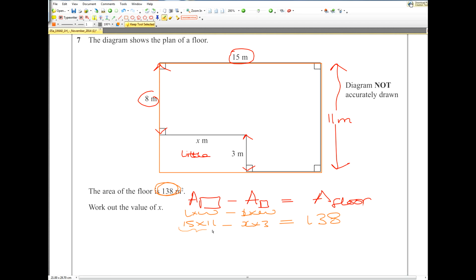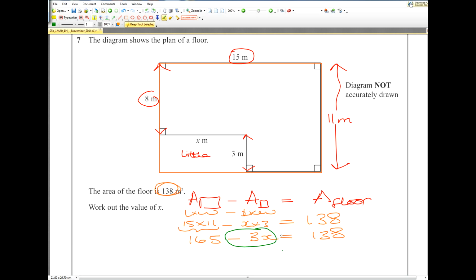So can somebody work out for me 15 times by 11, please? 15 times by 10 is 150 plus another 15. That gives us 165. So 165 minus 3x is equal to 138. Now, if you want to work out the value of x, because you've got minus 3x, I don't like minus 3x, I want plus 3x.